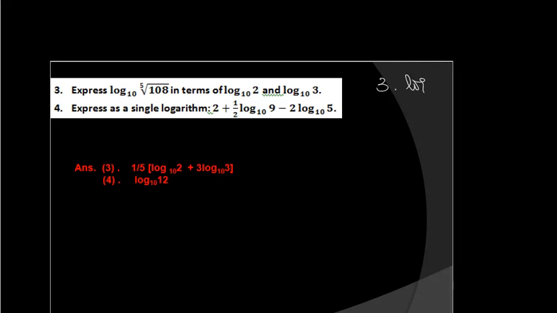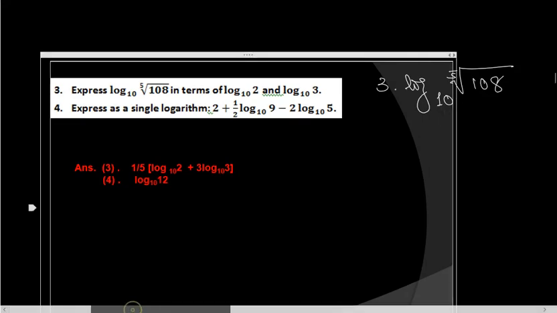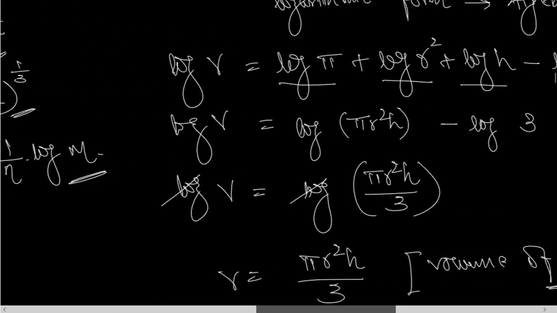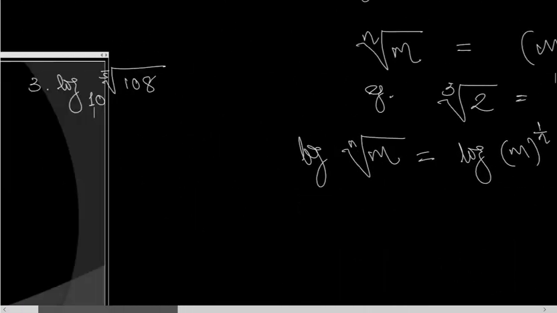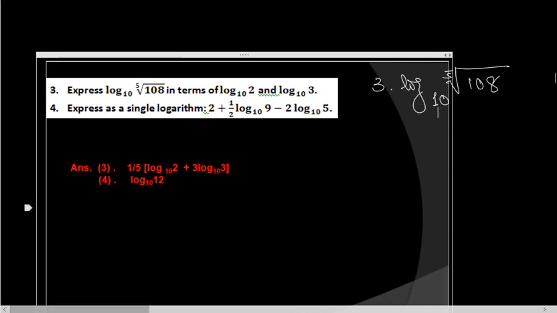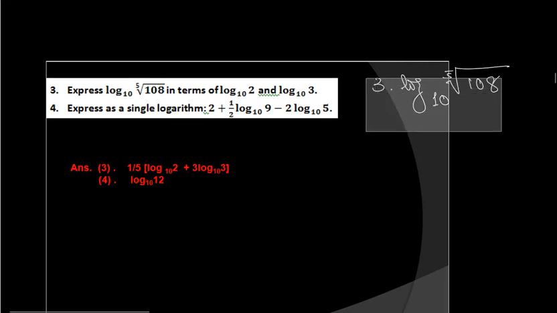Log of the fifth root of 108 to the base 10 in terms of log 2 and log 3. Okay. Oh, hey, I don't have any space over here. So what I'm going to do is I'm going to solve. I'm just going to, can I select this?